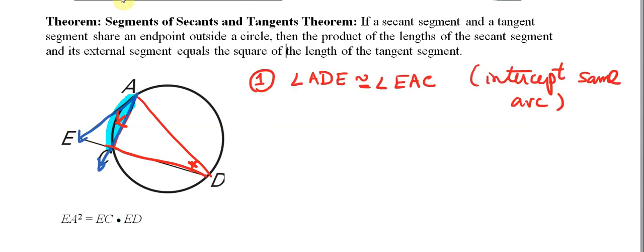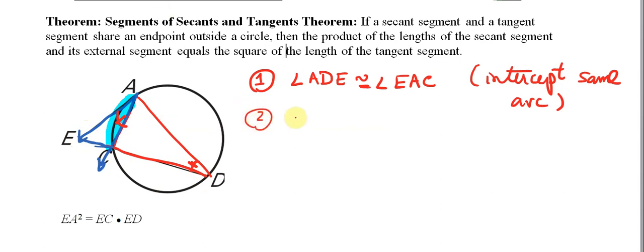And if we go a step further, you can see that there are two triangles here. There's the smaller triangle EAC, this blue triangle, that also contains angle E, and then the bigger triangle EAD, that also contains angle E. So angle E is congruent to itself. It is a reflexive angle.